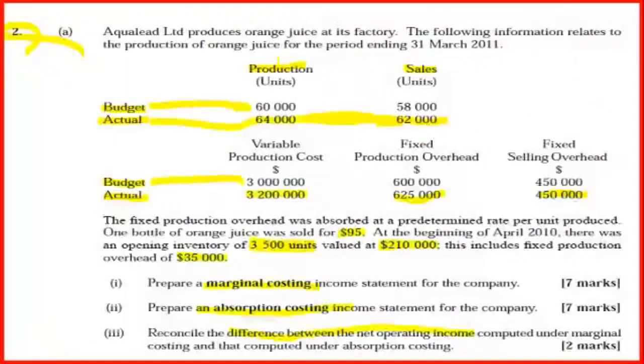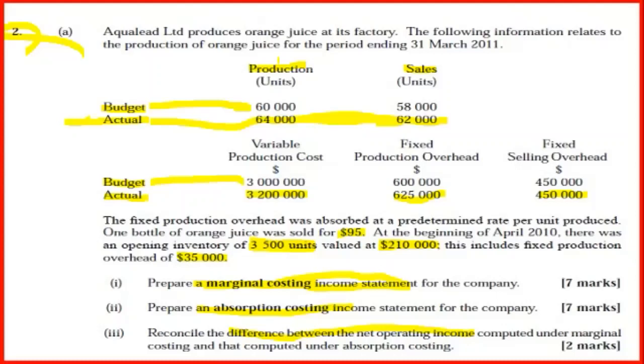Okay, the question had asked for a marginal costing income statement, right? That's why I assume it was the actual because it didn't say budgeted here. Okay, but a student looking at this, you're doing cost and management accounting. You usually deal with budgeted figures, and okay, you can do one for budget as well.